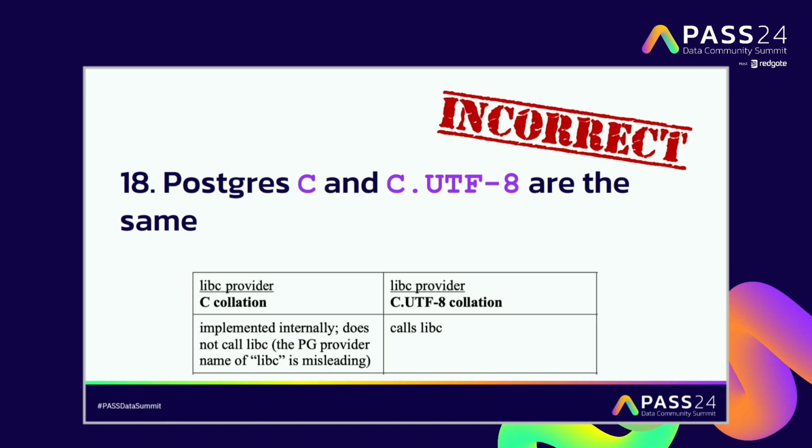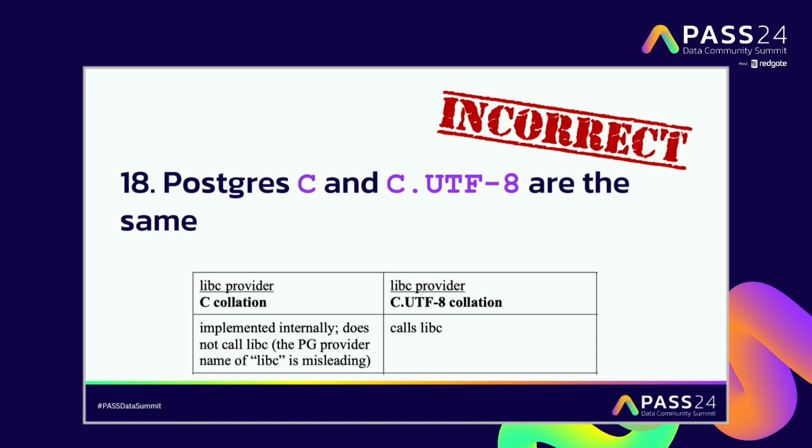If you use that syntax, it's going to call out to the operating system for its collation. But the one on the left, just C by itself, is the interesting one. For a very long time, it has been completely implemented and built into Postgres internally. It's not widely used, and there's a reason for that I'll get to a little later. But it's been there all along.